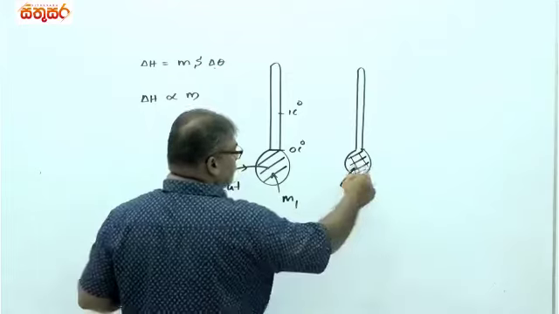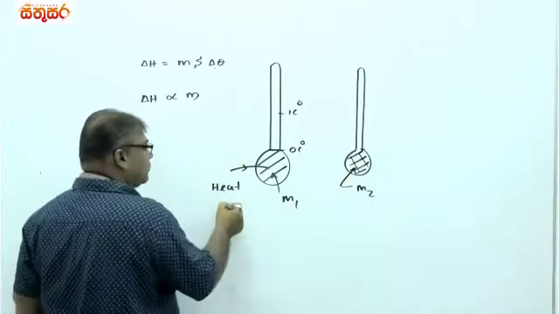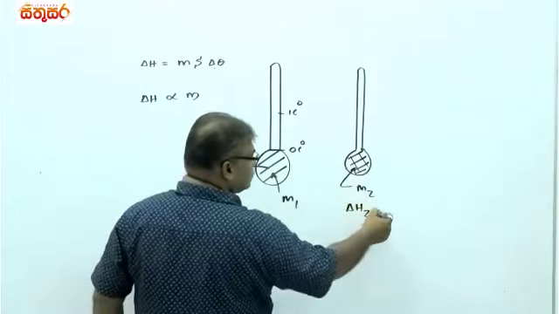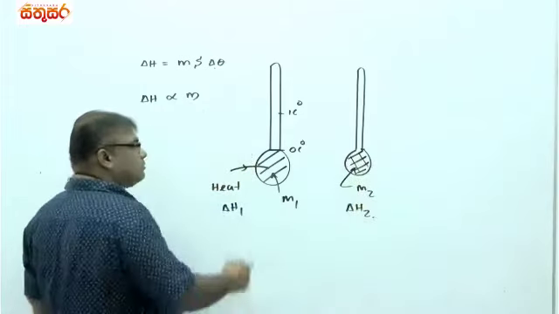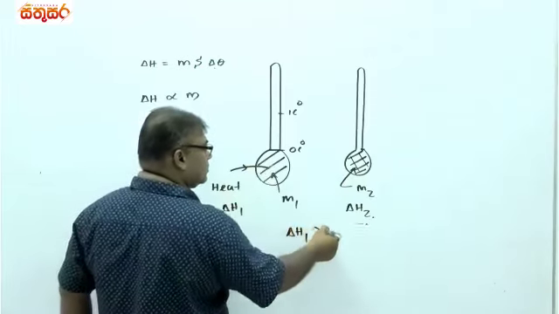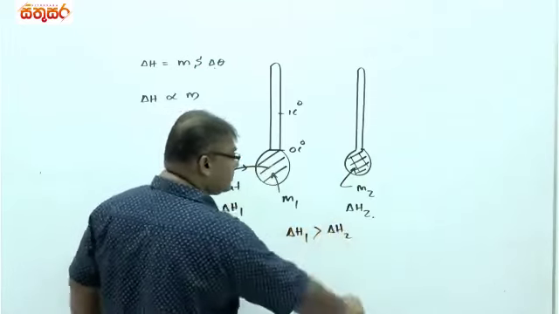M2. Then the amount of heat absorption, delta H1 here and delta H2 here, absorbed by this mercury material: you can see the greater one is the large bulb.